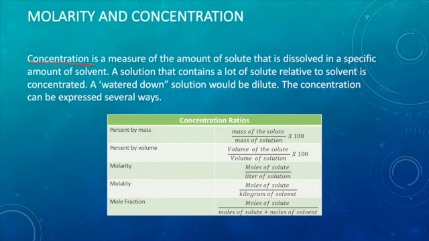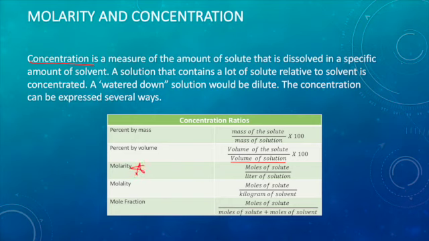Percent by mass is the mass of the solute divided by the mass of the solution times 100. Percent by volume is the volume of the solute divided by the volume of the solution. And this is the total volume of the solution, not just the solvent. Molarity, which is moles of solute per liters of solution.